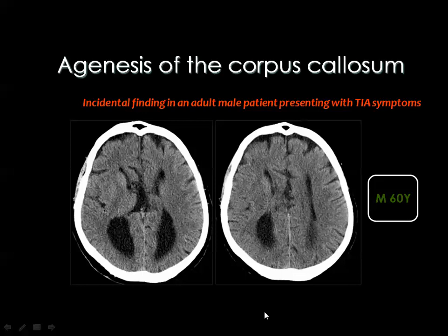In the CT images, the clue for the diagnosis of agenesis of the corpus callosum is that you see the lateral ventricles separated away from each other from the midline, and they have no configuration. They are stem-like or stick-like.